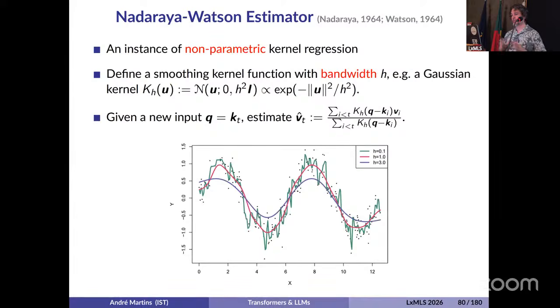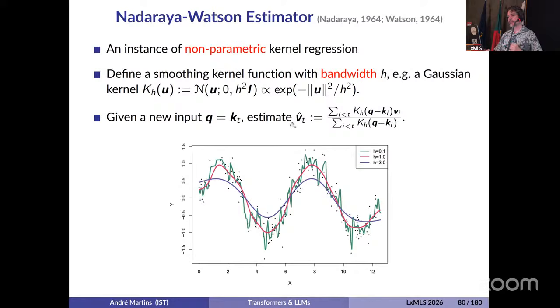Transformers use a method that is very famous in statistics called the Nadaraya-Watson estimator. This is a non-parametric kernel regression technique. The way it works is you define a smoothing kernel function with some bandwidth.